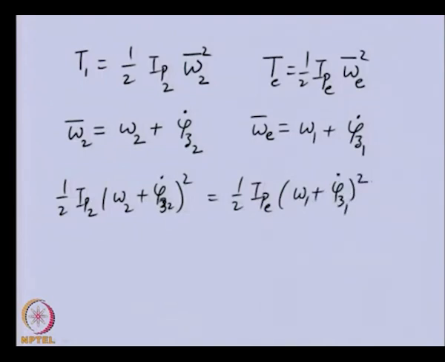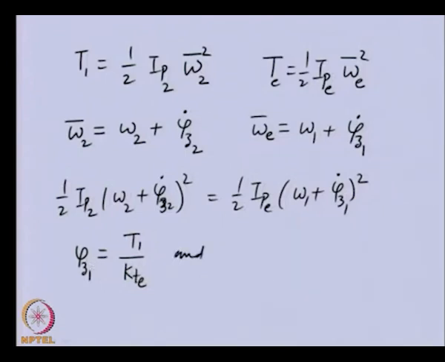Now, these displacements we can write in terms of torque. For phi z 1, this is for the first system, in which the torque divided by the torsional stiffness gives us the angular displacement.